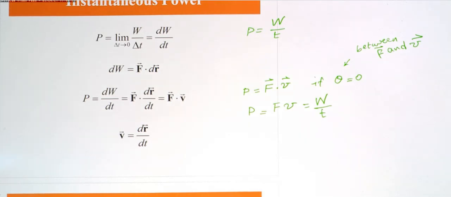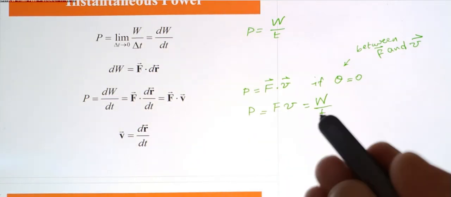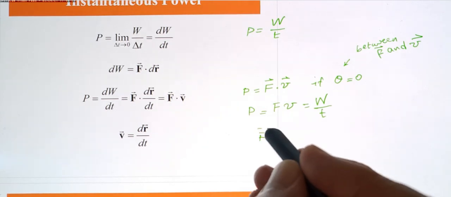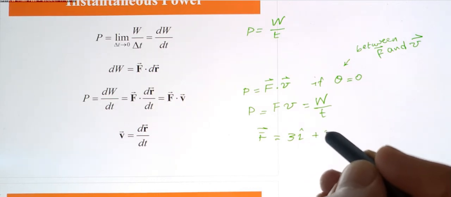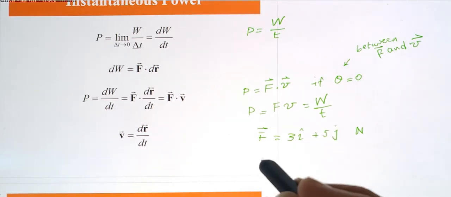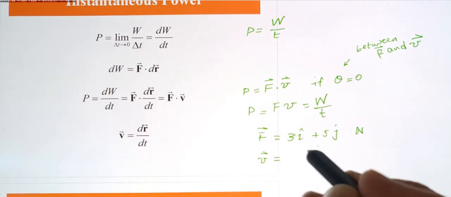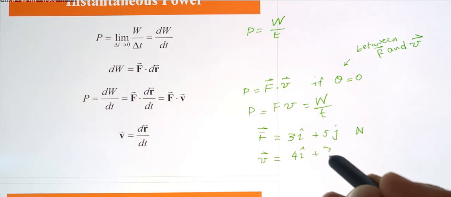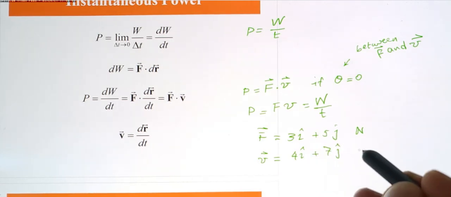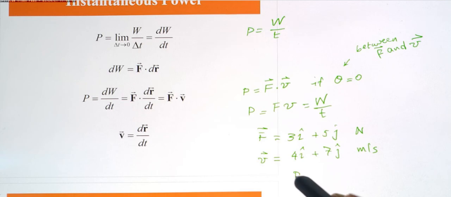For example, I will give you F equals 3i plus 5j Newton, and velocity 4i plus 7j meter per second. Find the power. What is the power? So in that situation, you need to calculate the dot product.